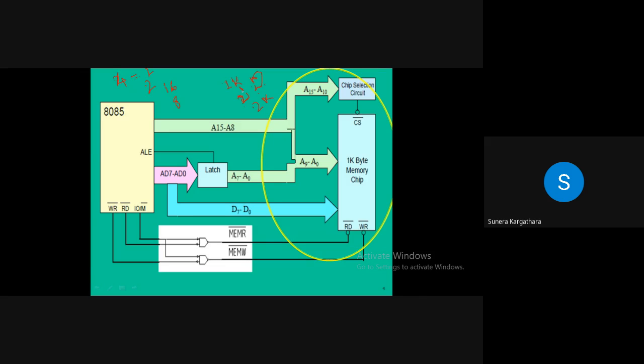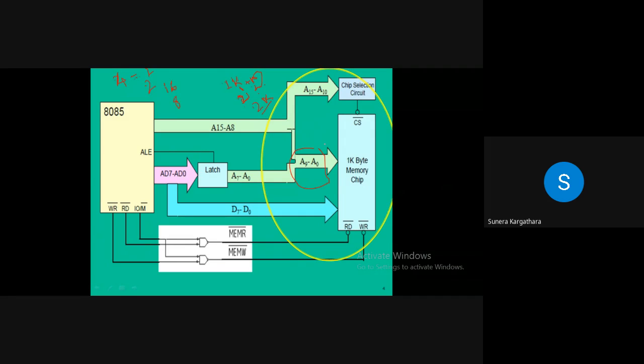So for 2 kilobyte, that means 10 plus 1. How many address lines are required? 11 address lines. So instead of A0 to A9, A0 to A10 lines can be used to address your 2 kilobyte of memory. The remaining lines A11, A12, A13, A14 and A15 you can use to select your chip. Remaining all things will be as it is. Am I communicating, student? Right?